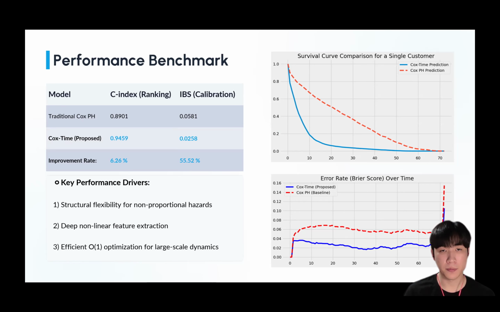As shown in the Brier score graph, while the traditional model's error spikes over time, Cox-Time stays stable. This allows our model to follow local data patterns flexibly, capturing rapid risk changes that traditional models completely miss. In short, Cox-Time provides the structural flexibility and efficiency needed for next-generation survival analysis.